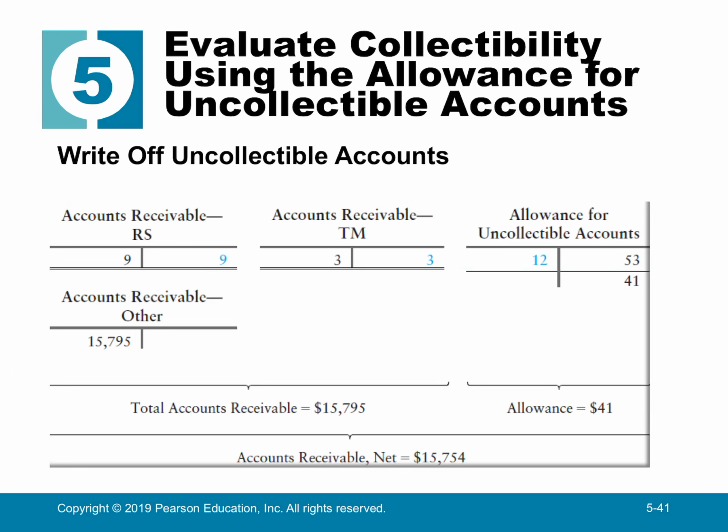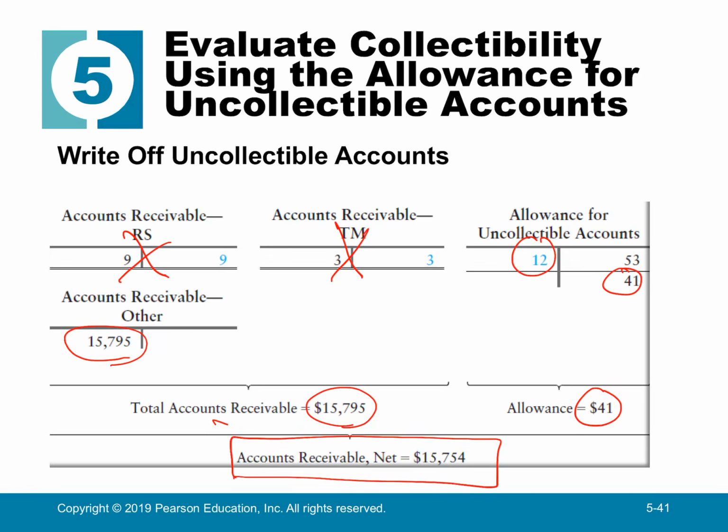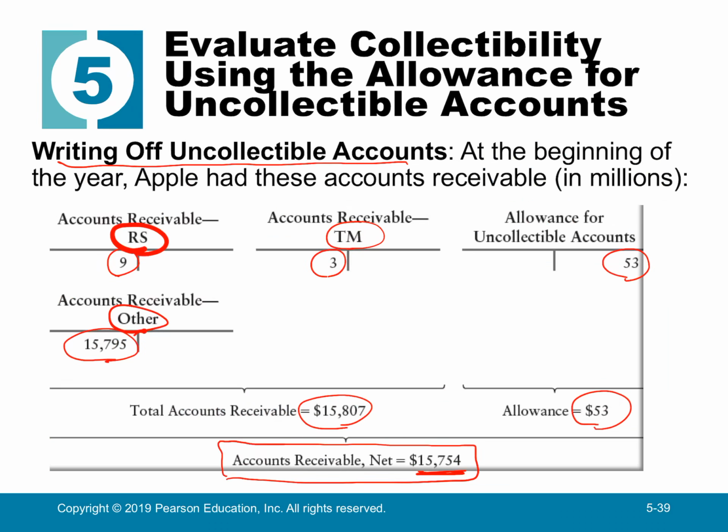So here is kind of the aha moment for this. We've written off this account receivable. We've written off this account receivable. We still have all these other ones. So our total accounts receivable is 15,795. But because we're taking this 12 out of this bucket, so we're now reducing this to 41, our allowance is decreased to 41, our net accounts receivable is exactly 15,754, which is what it was over here before we wrote these off, when they were still on the books.